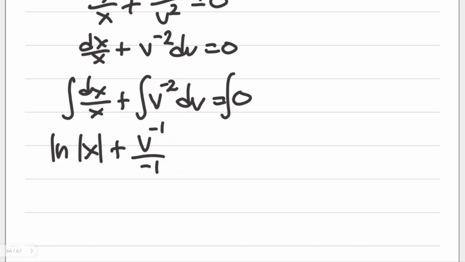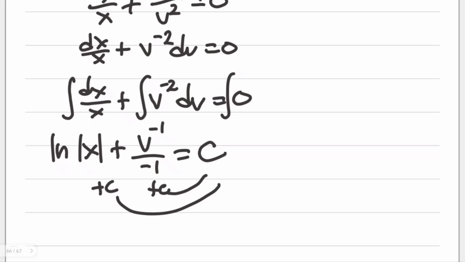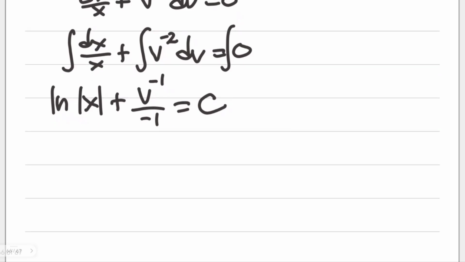But let's not introduce c there because we're also going to introduce c on the other side. Even if you have c and c here, they will just be moved to the other side and combined into a larger c. So no need to do that. Just for the final form, you will have the natural logarithm of x plus 1 over v equal to our c.